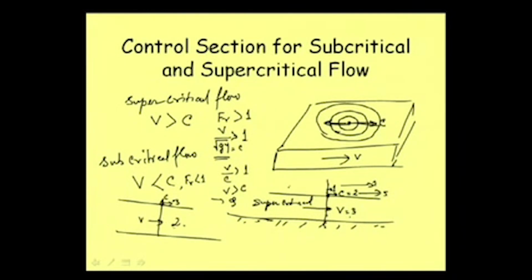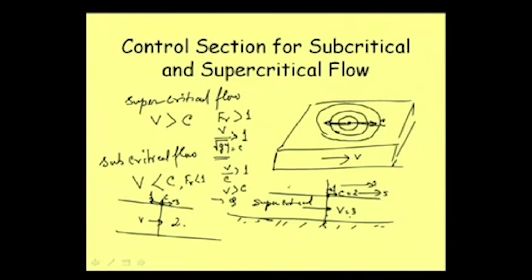Now, relative speed is in the positive direction, but if we want to see the absolute speed, then in this direction also it is trying to move with a speed 3. So the absolute speed of this wave in the upstream direction will be 3 minus 2, so there will be an amount of 1 velocity in the upstream direction.